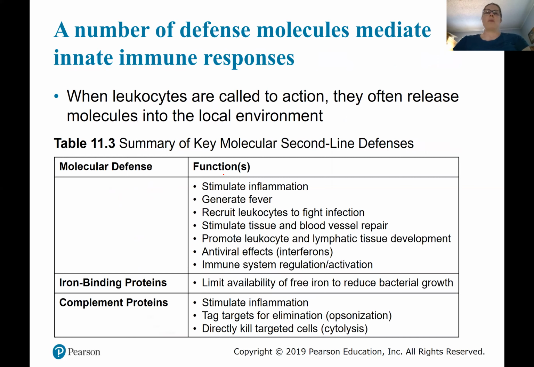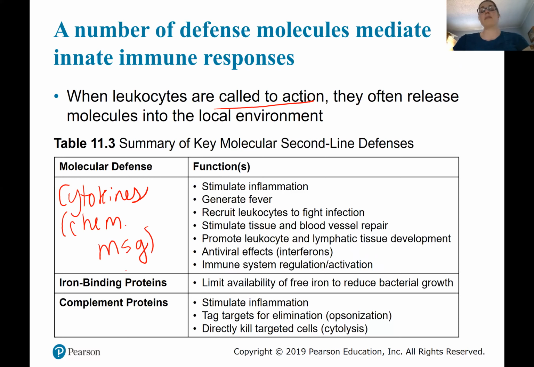Okay, so we mentioned that white blood cells have to be called into action. So to call white blood cells into action, there are molecules that are going to be released during this time. And what we call cytokines, C-Y-T-O-K-I-N-E-S, cytokines are chemical messages.